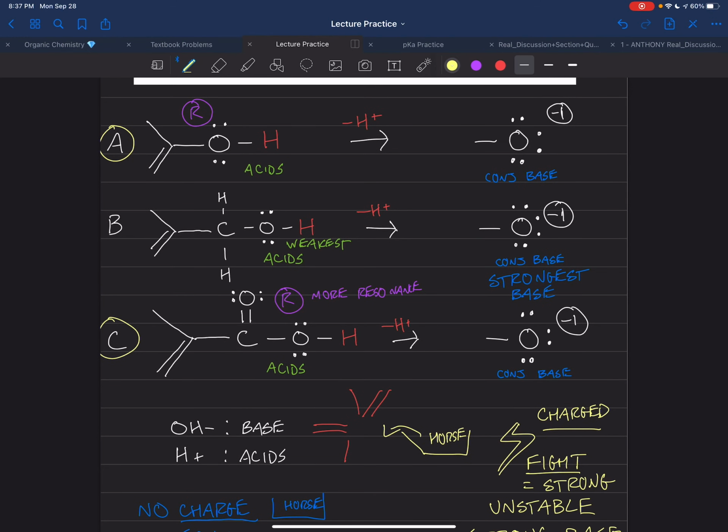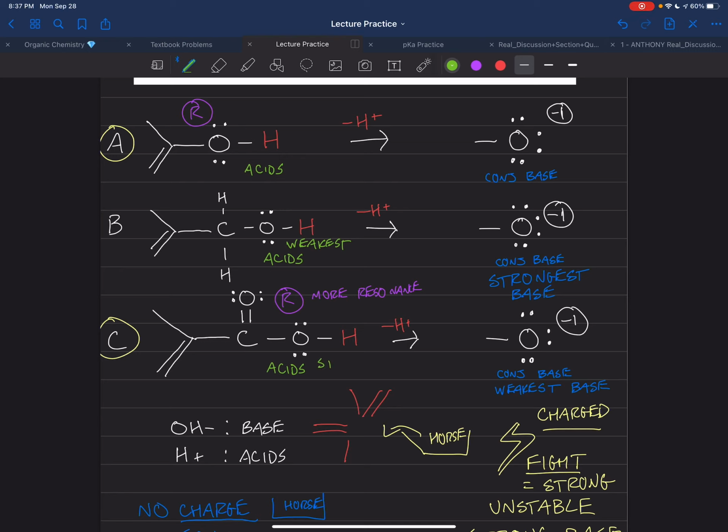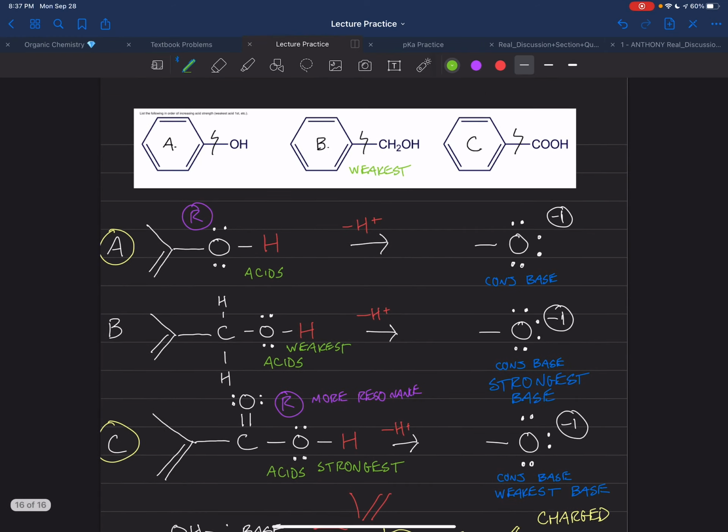I think this is going to be a weaker base, or the weakest base. And therefore, it's going to be the strongest acid. Okay? So C, this last one, is going to be our strongest.